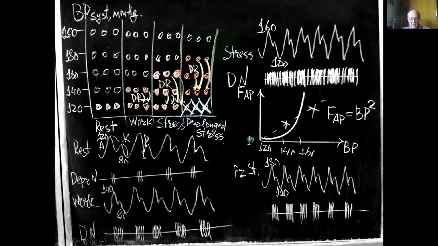But during the prolonged stress, during some hours, during some days, very hard work, emotional stress every day, what will be? When the blood pressure doesn't decrease to the normal level, these baroreceptors start to stop producing the action potentials.